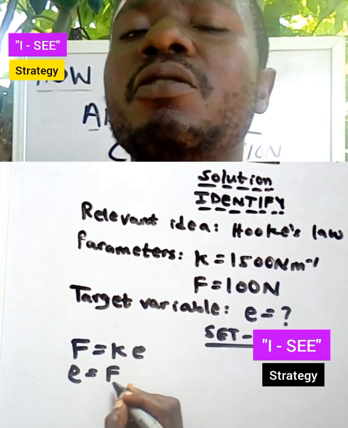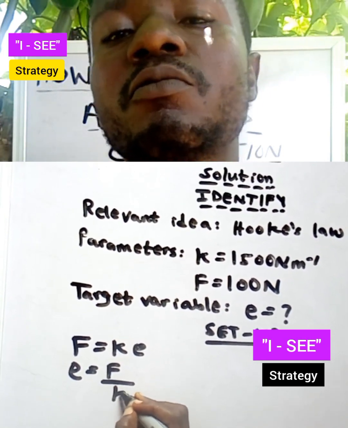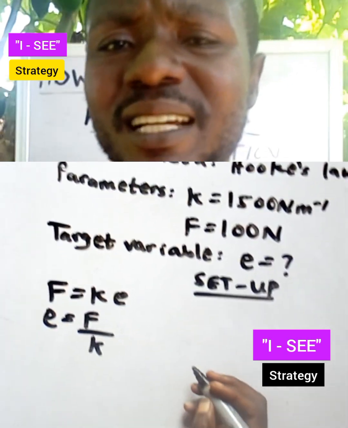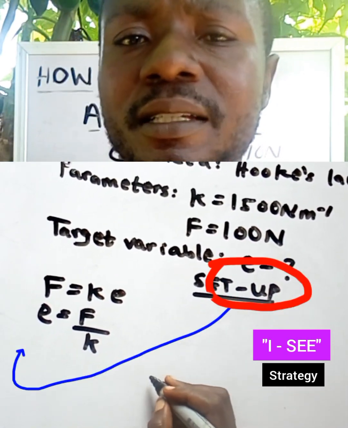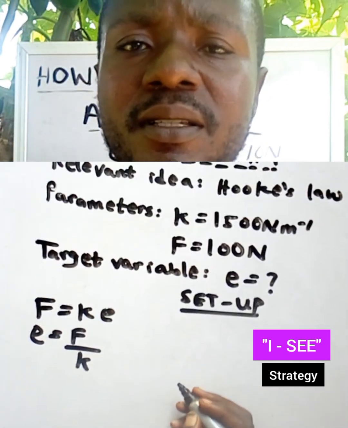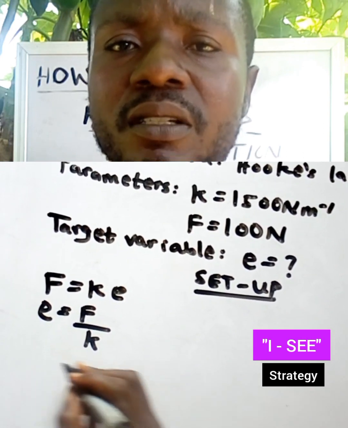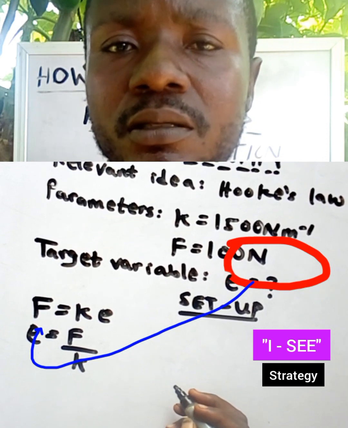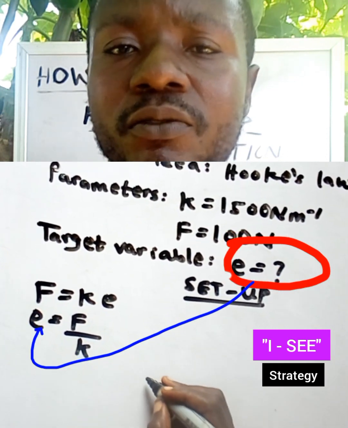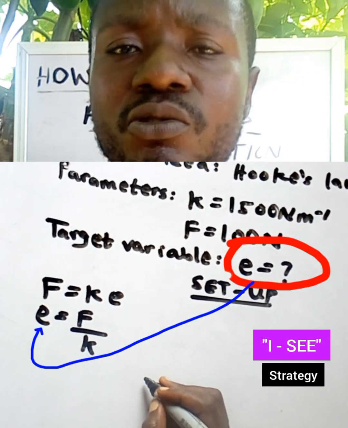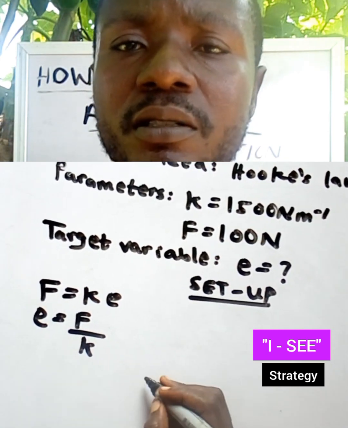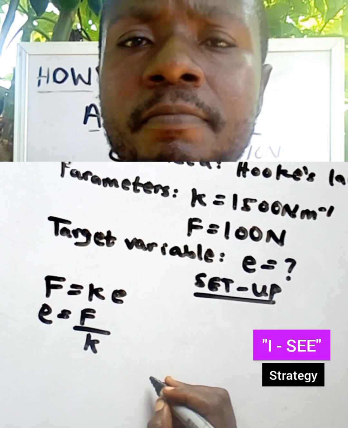The next thing we do under the setup step is to make sure that the quantity we're trying to solve is made the subject of the formula. So we have F equals KE and E equals F over K. As you can see, the target variable, the quantity that they ask us to calculate, has been made the subject of the formula. This is what we do under the setup step.